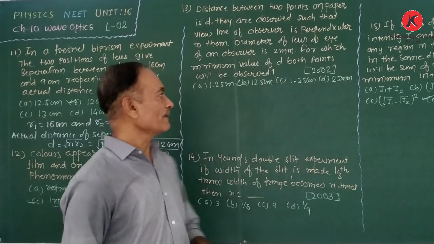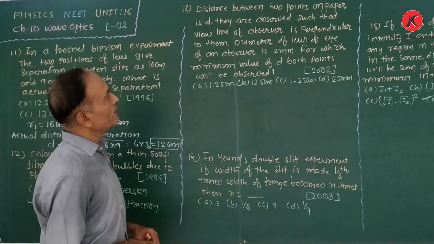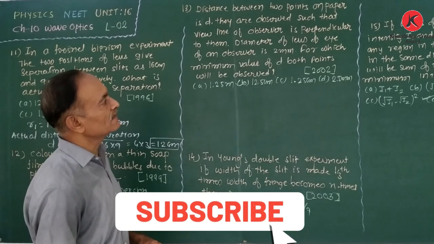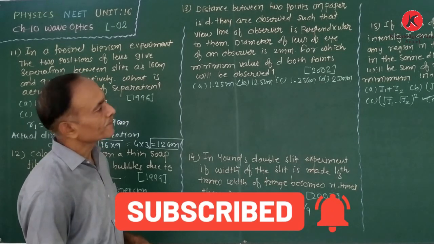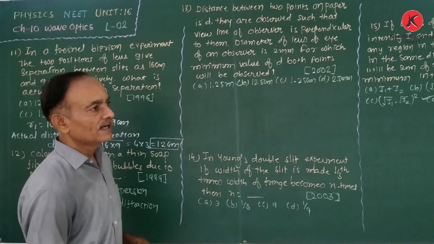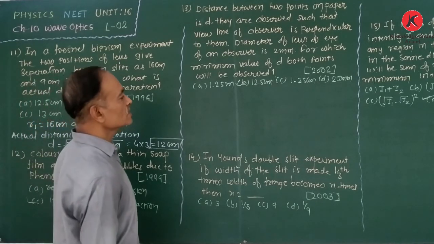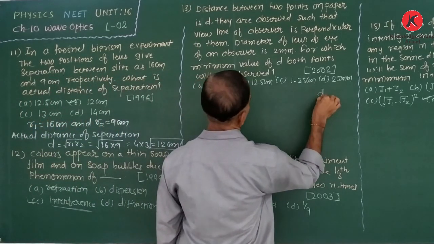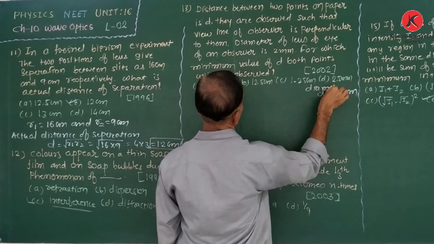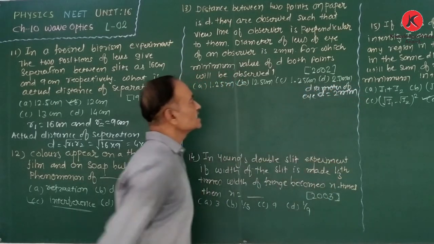Okay. Next, the distance between two points on a paper is observed so that the line of view of the observer is perpendicular to them. The diameter of the eye of the observer is 2 millimeter. Therefore, for the resolution of the eye, small d is 2 millimeter, the diameter of the eye.